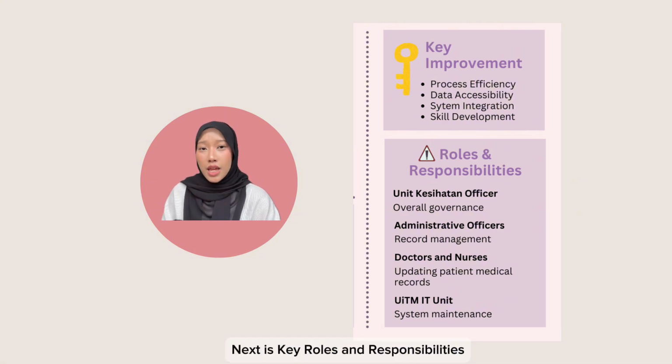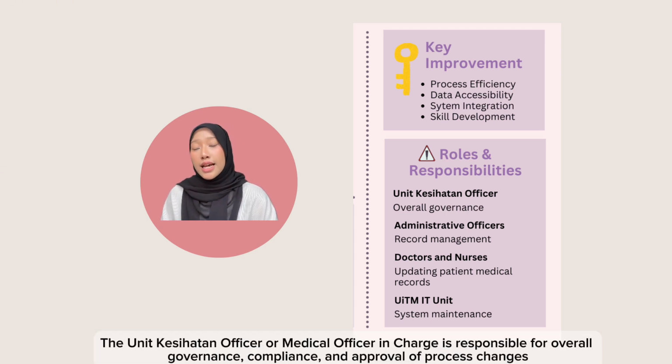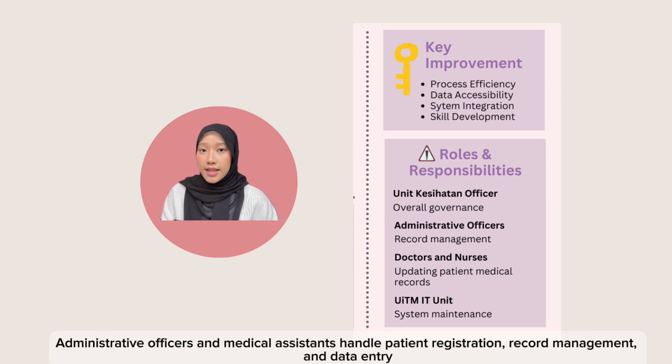Next are key roles and responsibilities. The patient registration and medical record process involves multiple roles. The Unit Kesihatan officer or medical officer in charge is responsible for overall governance, compliance, and approval of process changes.